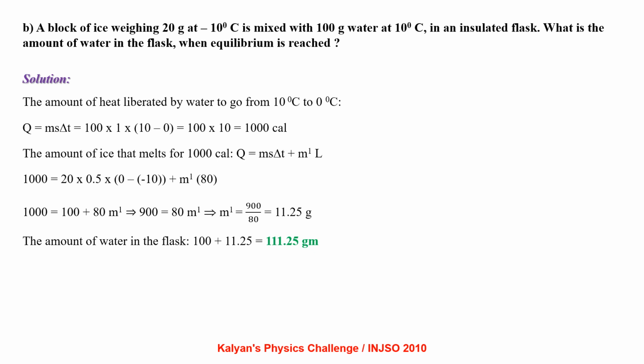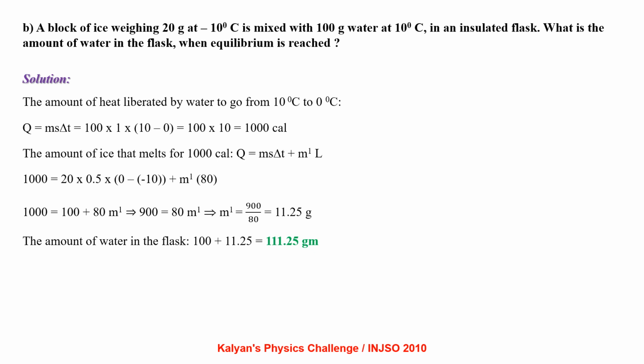The amount of ice that melts for 1000 calories, Q equal to ms delta T plus m dash into L. 1000 equal to 20 into 0.5 into 0 minus minus 10 plus m dash into 80, which comes out to be 11.25 grams. Here initially the ice is at minus 10 degrees centigrade.